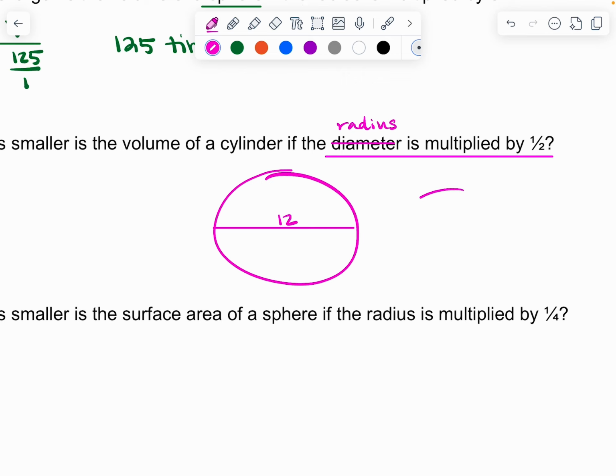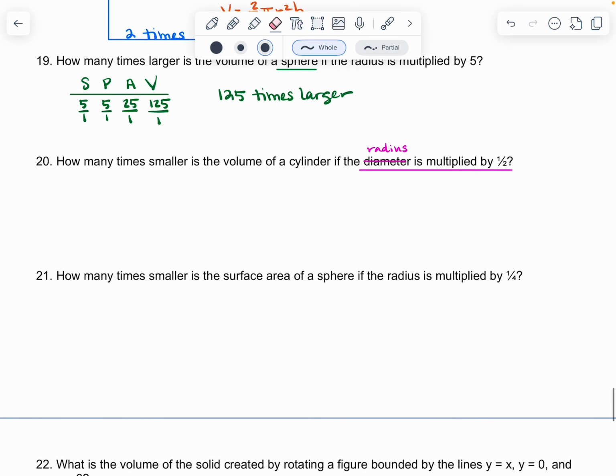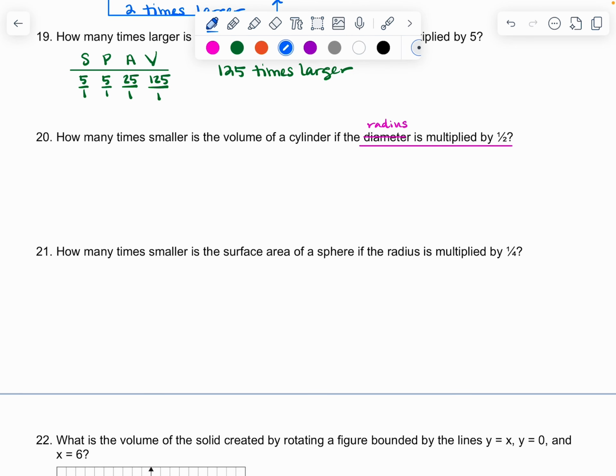If I take a circle that has a diameter of 12, and I cut that in half, now I have a circle with a diameter of 6. Well, notice the radius is 6 and the radius is 3. So whatever I do to the diameter, I can just replace it with radius, and you're doing the exact same thing. So it's just kind of there to be tricky.